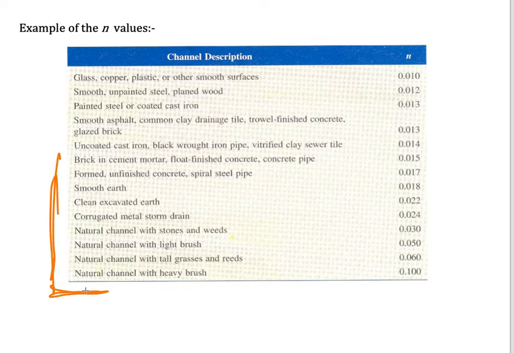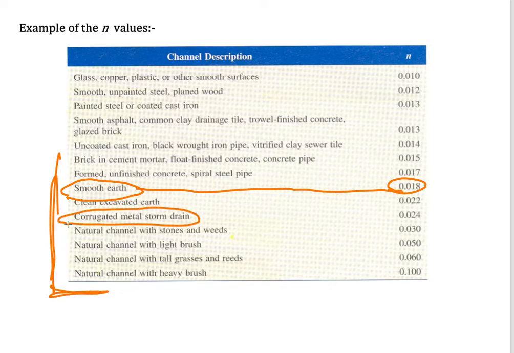So the example is something like this. For example, if we have a smooth earth, which means your conduit is actually the land, maybe you could take n equal to 0.018. If your drainage is a corrugated metal storm drain, for example, then you need to take n equal to 0.024.